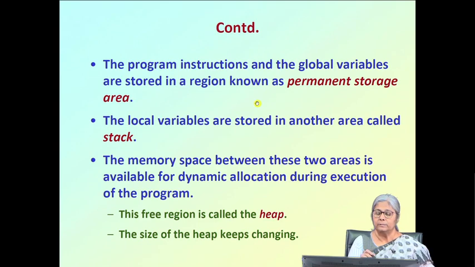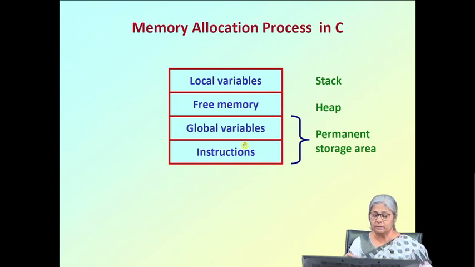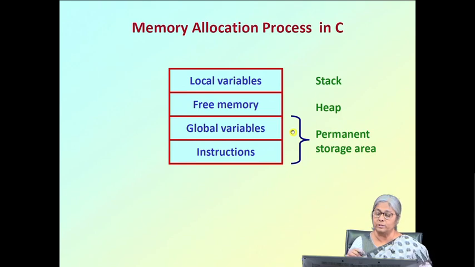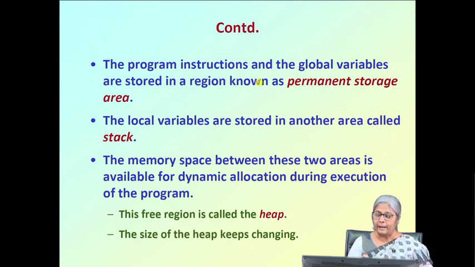Whatever I mentioned, the program instructions and the global variables are stored in permanent storage. Then the local variables are stored in another area called the stack, and the memory space between these two areas is available for dynamic allocation during execution of the program.